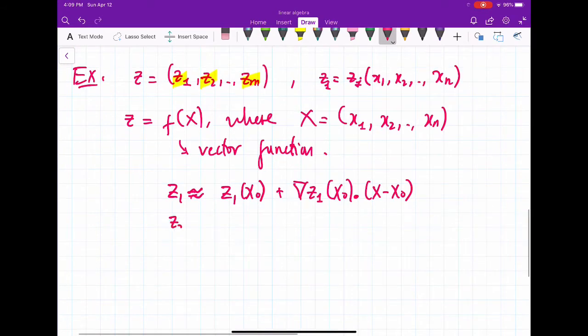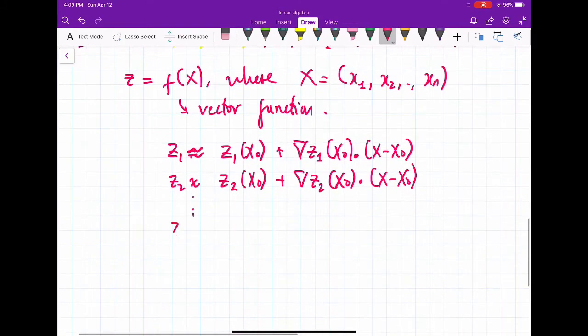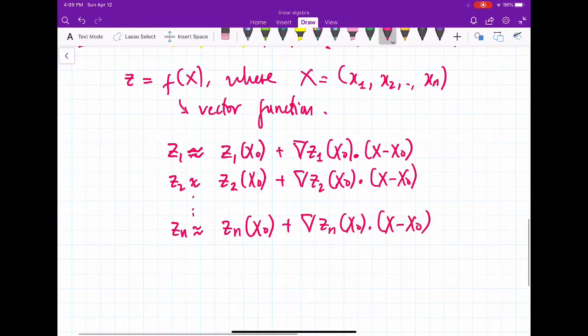And I have z2 approximately equal to z2 at x0 plus the gradient of z2 at x0 dot product with x minus x0, and so on. I have zn approximately equal to zn at x0 plus the gradient of zn at x0 times x minus x0.